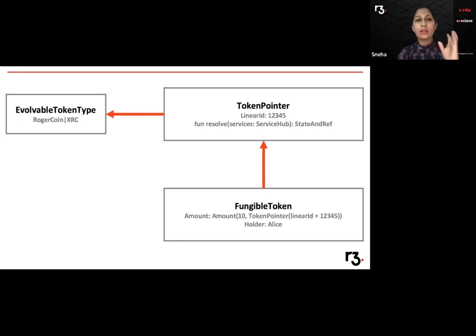And that's why there's this concept of token pointer. It makes more sense to include a token pointer of a particular token type inside the token. That's what token pointer is really all about. This way, your token and your underlying asset type can independently evolve.